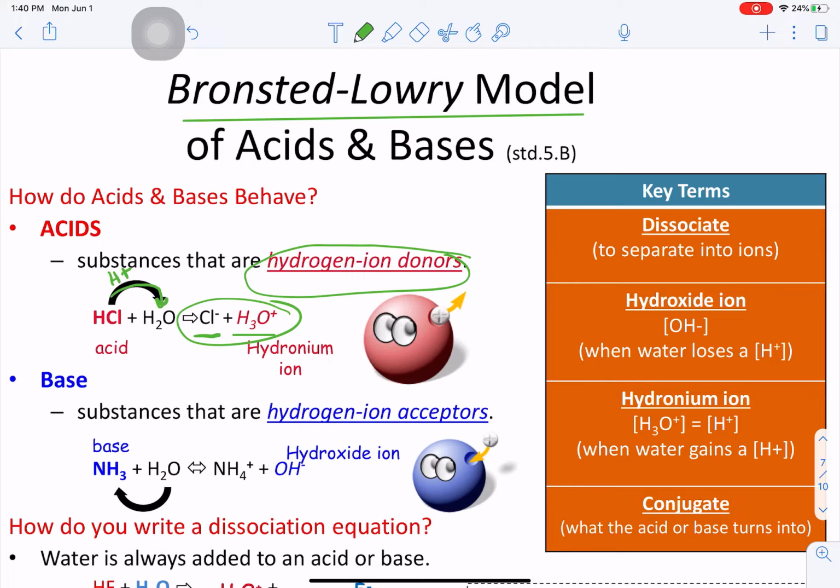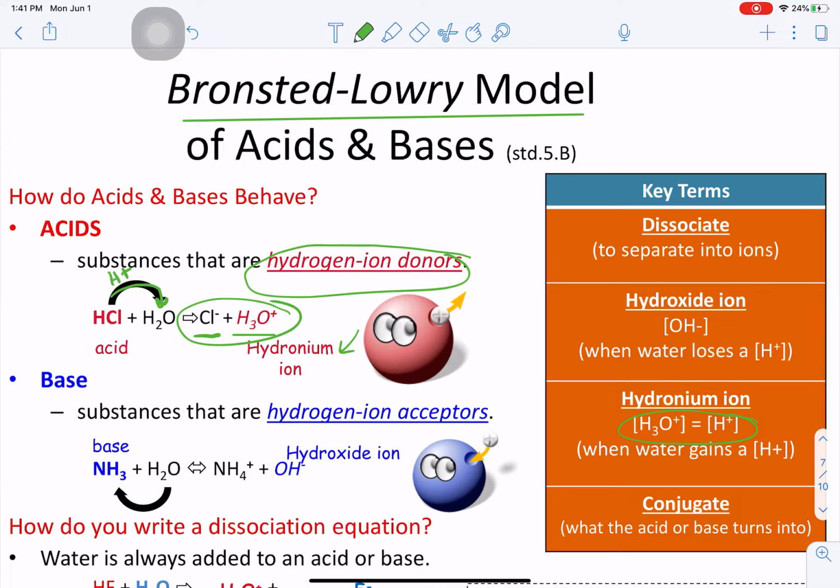Okay, now, this H3O plus is known as hydronium. Hydronium and hydrogen, they're the same thing. It's just that hydronium shows that the H plus is actually attached to the water. When we say there's just H plus in solution, we're basically saying the same thing. It's an aqueous solution. So H3O plus and H plus, they're the same thing.